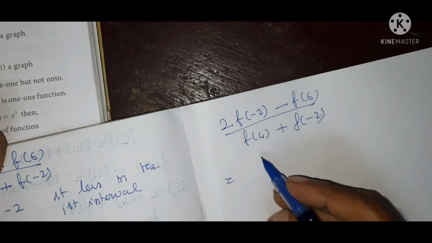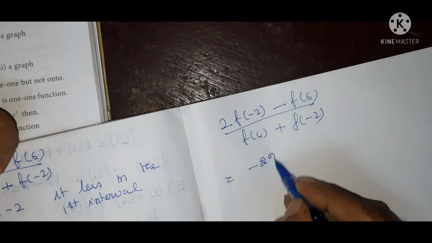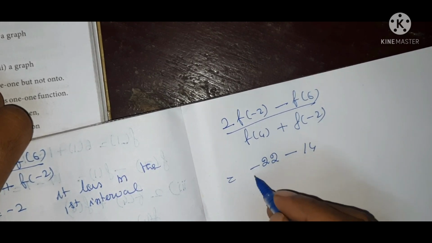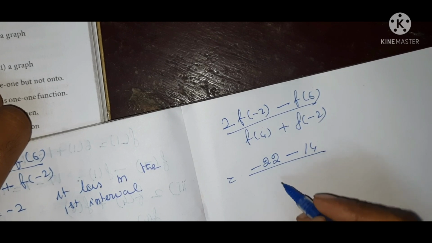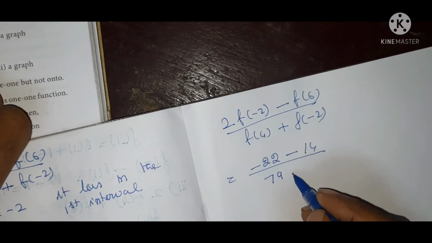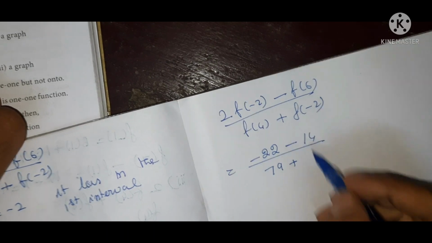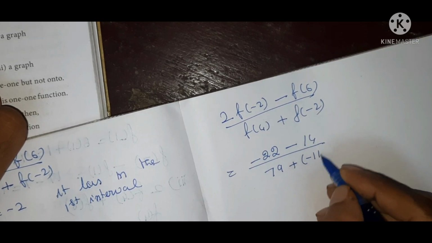So 2 into f of minus 2 is minus 22, f of 6 is 14, f of 4 is 79, plus f of minus 2 is minus 11.